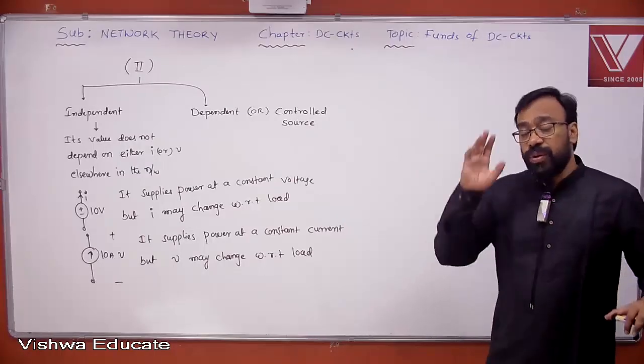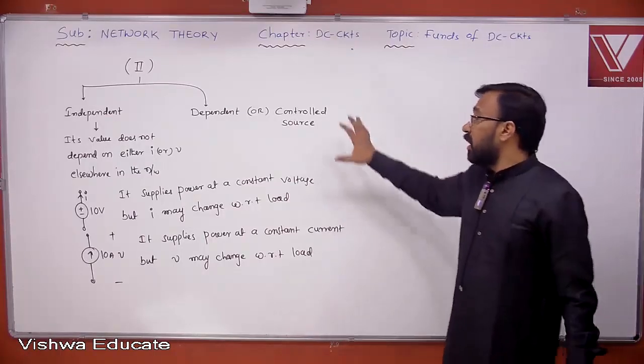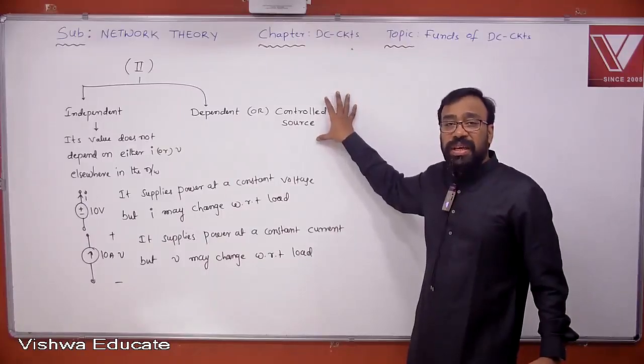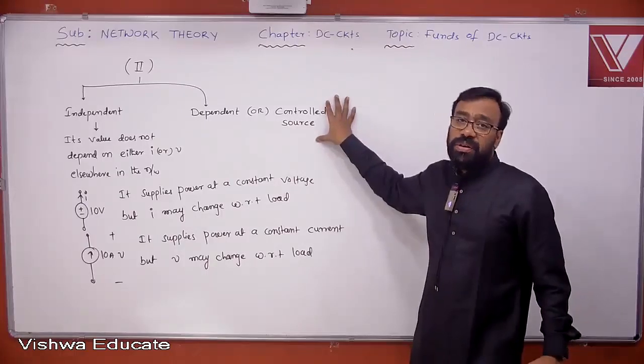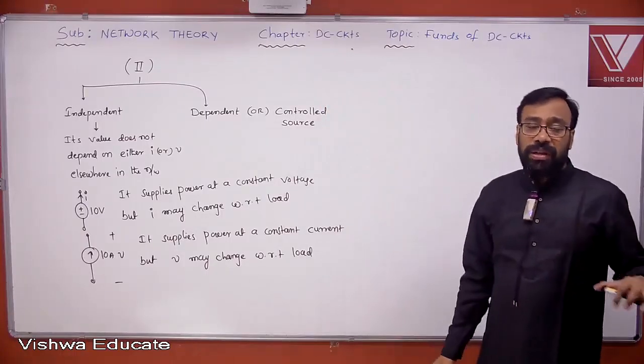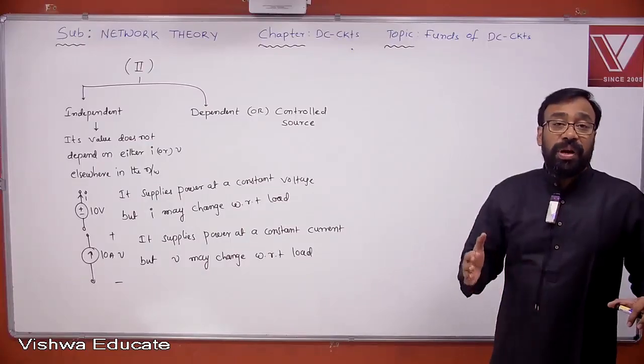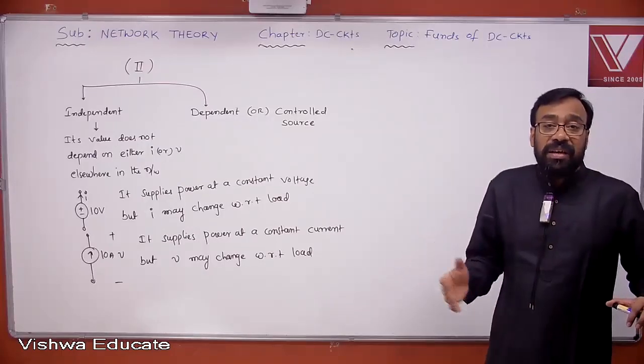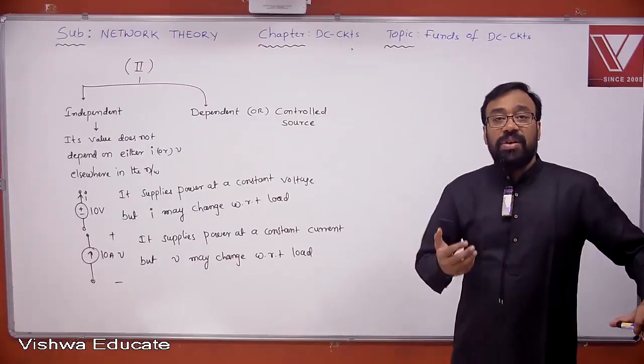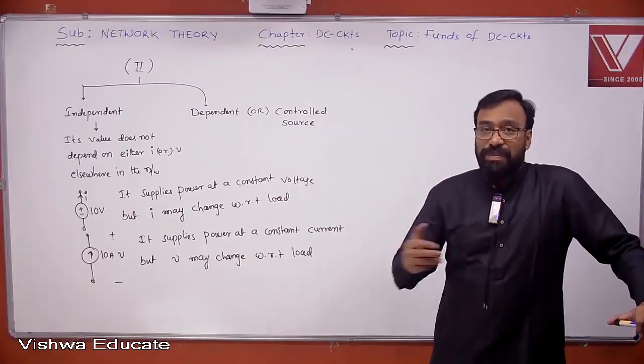So as of now, you take it for granted that the concept of dependent source is introduced, point number one, for mathematical modeling of elements like transistor, operational amplifier, or any amplifier.